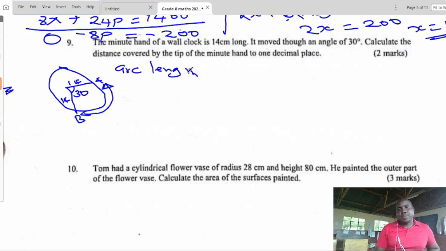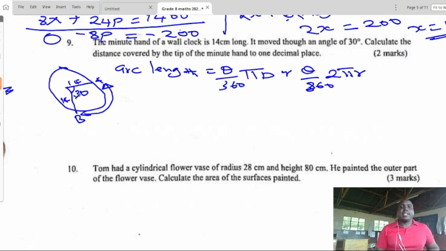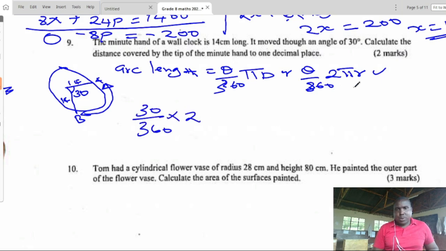Arc length is equal to theta over 360 times pi d, or theta over 360 times 2 pi r. Because we are given a radius, we can use the second formula. Substitute theta as 30, so 30 over 360 times 2 times 22 over 7, that is pi, times 14, our radius.